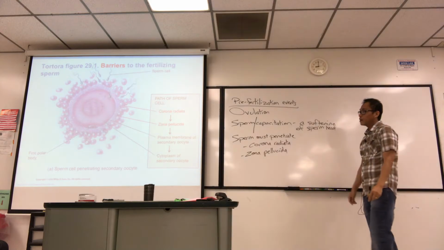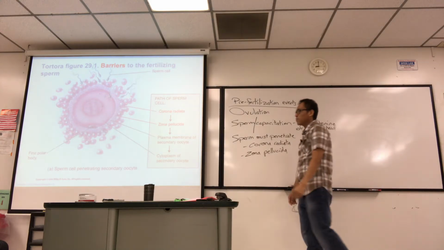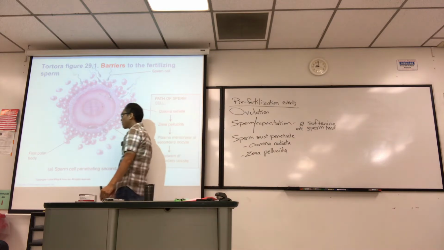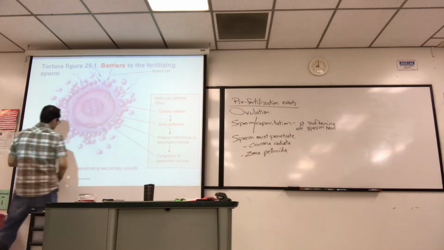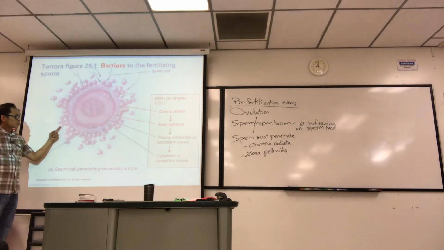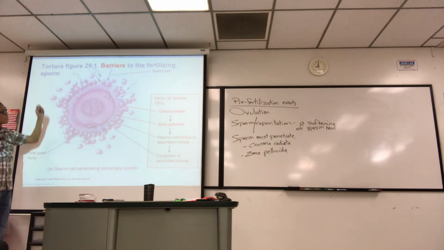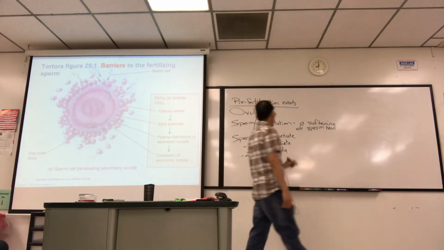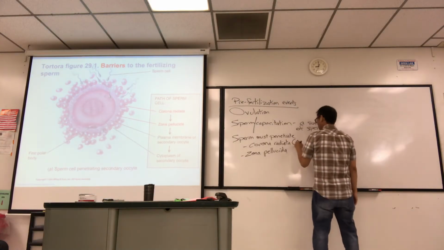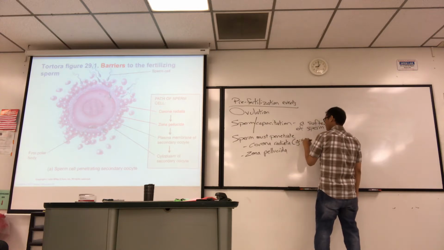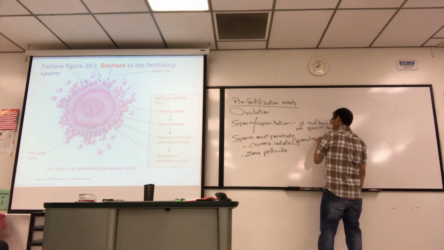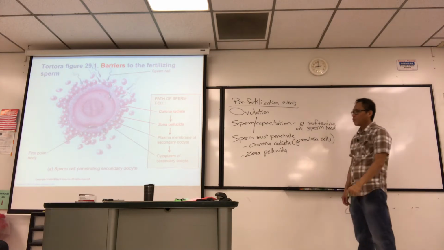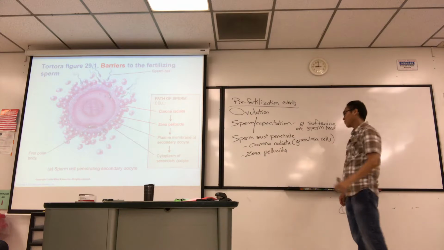The corona radiata are the granulosa cells that were ovulated with the oocyte from the Graafian follicle. Corona means crown, so they're just cells that came with it from the Graafian follicle. Now, the zona pellucida was secreted by the oocyte. They're glycoproteins.